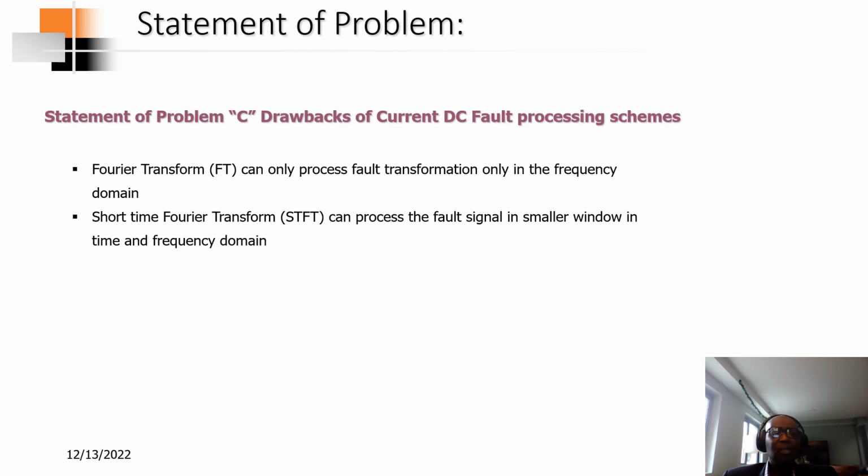It can process the DC fault signals in the frequency and the time domain, but only in a fixed window. And the limitation is that it cannot be applied for DC fault processing because of the dynamic nature and the changing of DC faults when they occur. As such, a fixed window will not work.